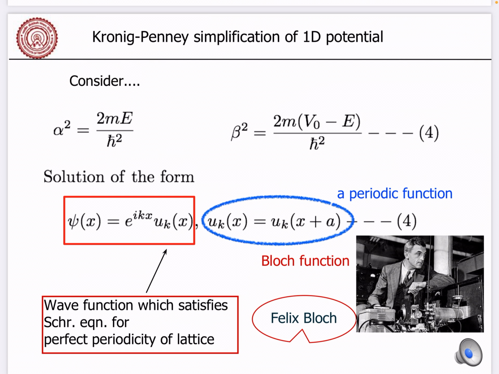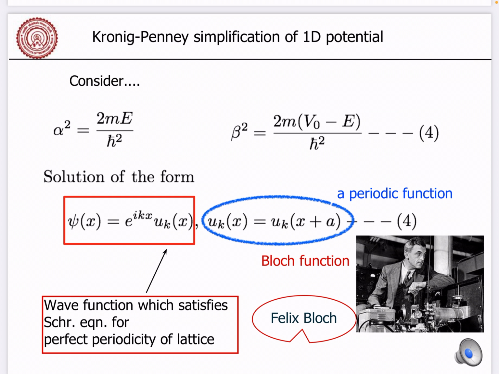Before that we have to consider the solution for this wave function, which will be of the form psi x equal to e to the power ikx times u k x, where u k x has the periodicity of the lattice. This is called the Bloch function.